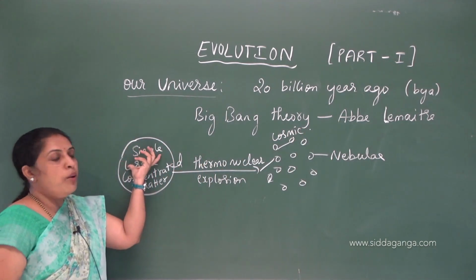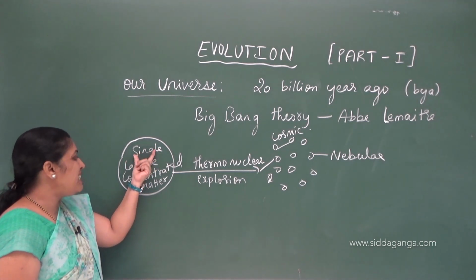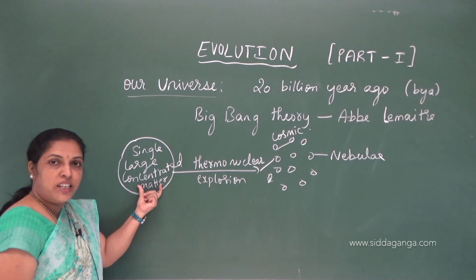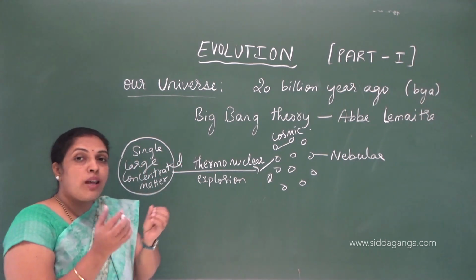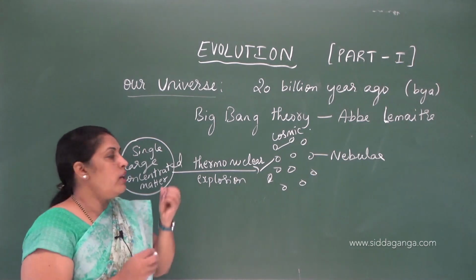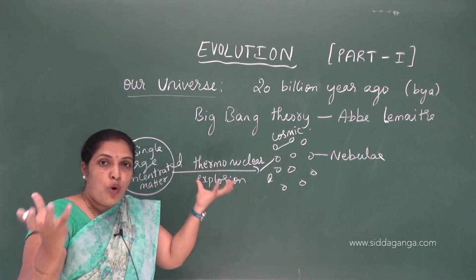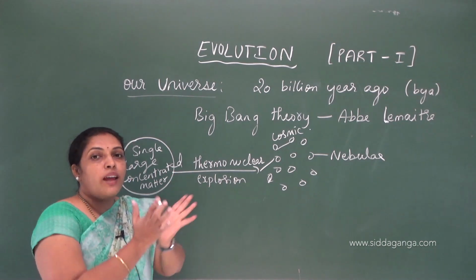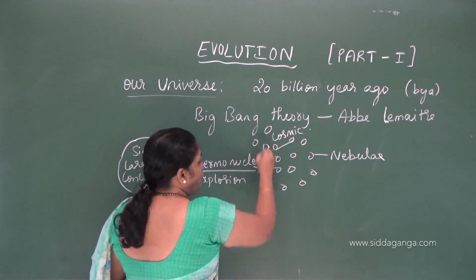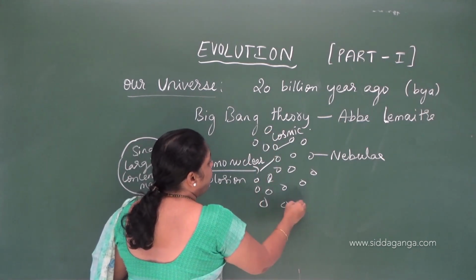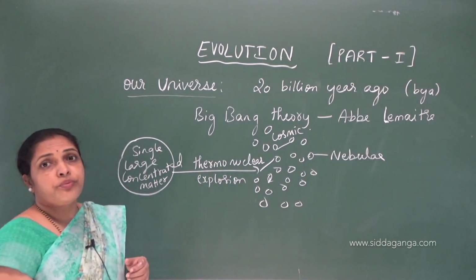So before the universe, there was a single large concentrated matter. When it exploded, the universe expanded. When this large dense entity explodes, that results in expansion of the universe. It threw out many cosmic materials that are called nebulae.